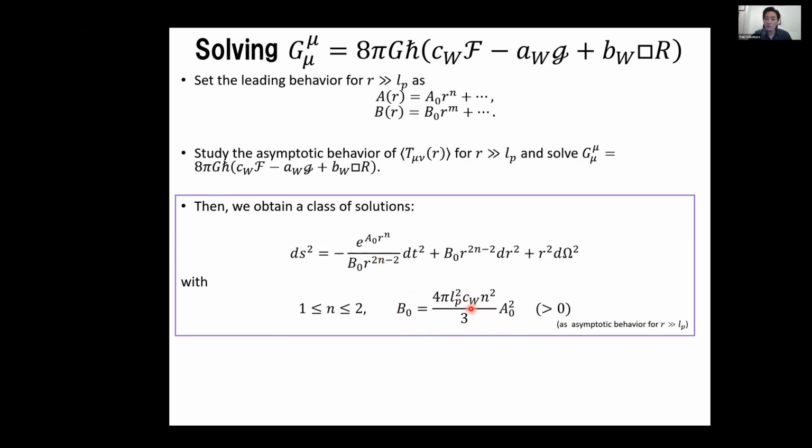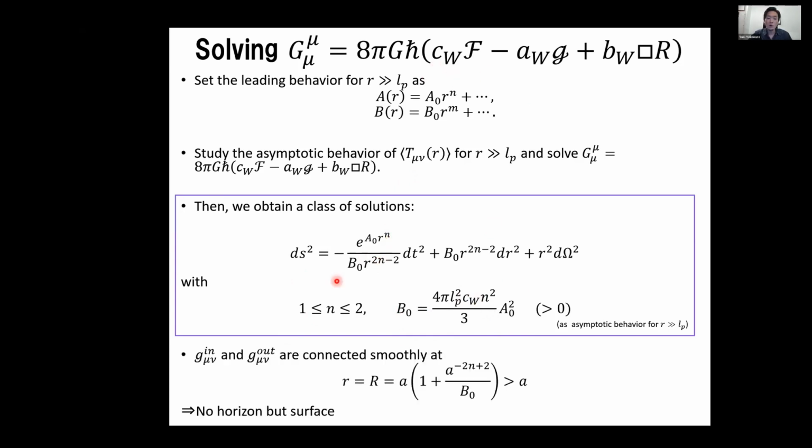This CW is this CW, okay? And furthermore, by connecting the interior metric and exterior metric smoothly, then we can find the position of the surface here. The position is larger than the Schwarzschild radius itself, so this object doesn't have a horizon, but a surface.